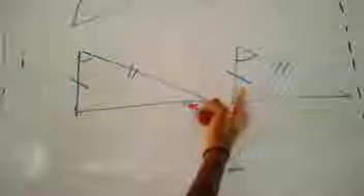If this is done, we can say that these two triangles are congruent, because this side is equal to this side is equal to this side, and this angle is equal to this angle.